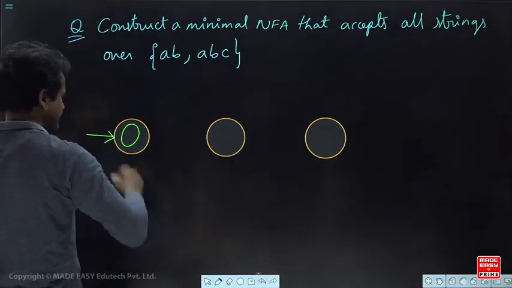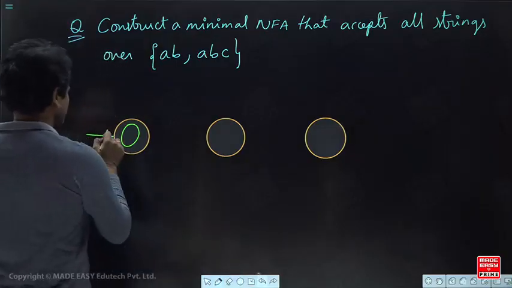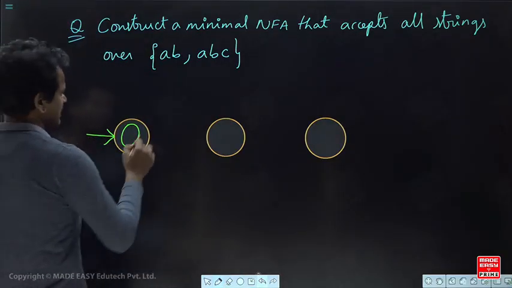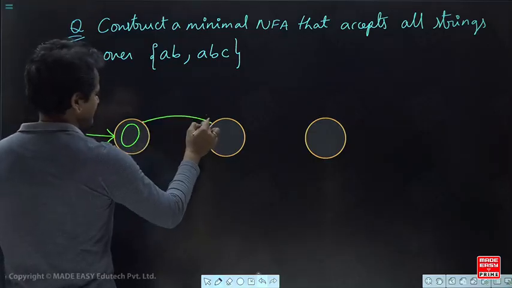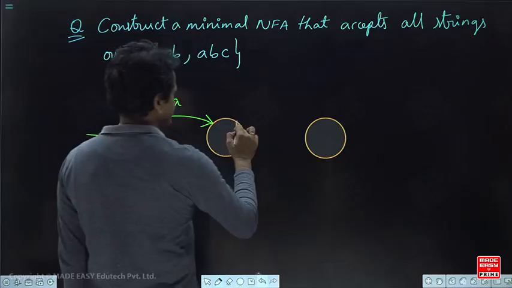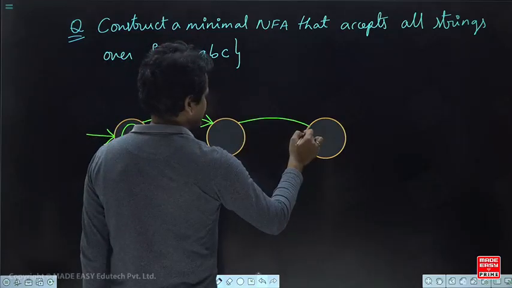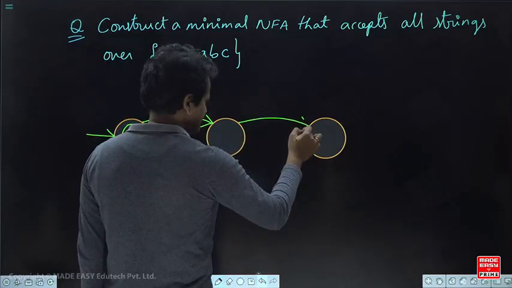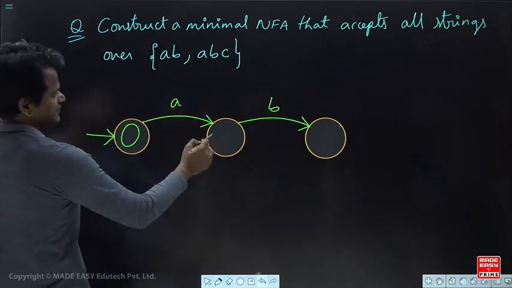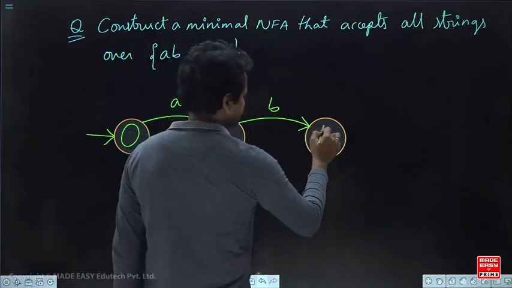Of course, in the case of NFA, you can use null moves also, but better make it initial is final. And A, B: A alone we don't accept, because only A is invalid. And B, yes guys, A, B. So make this as final.